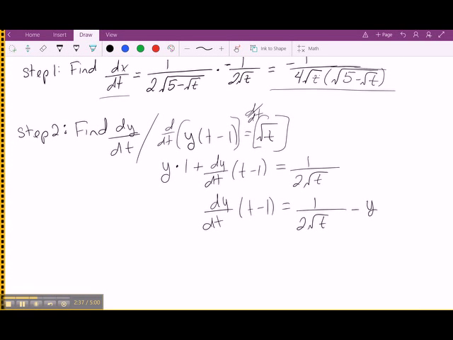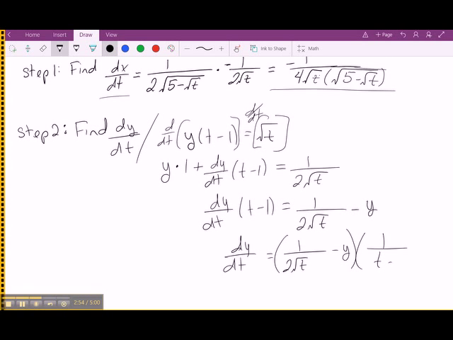And then divide both sides by t minus 1. So dy dt will equal 1 over 2 square roots of t minus y times 1 over t minus 1.